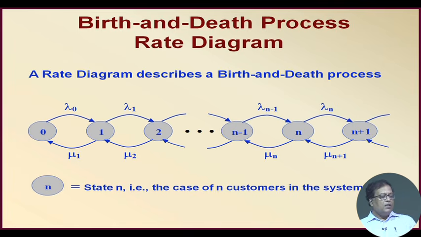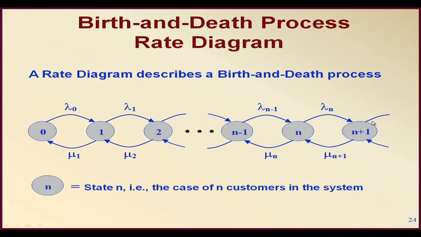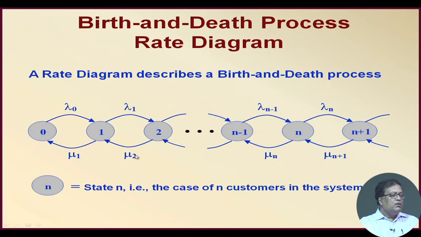Because assume multiple servers. If multiple servers are there, the values of lambdas and mu's will change. But although the values of lambdas and mu's will change, since the transition can occur only one at a time, the rate diagram will still be valid.